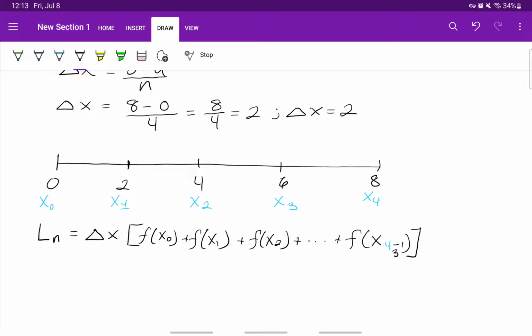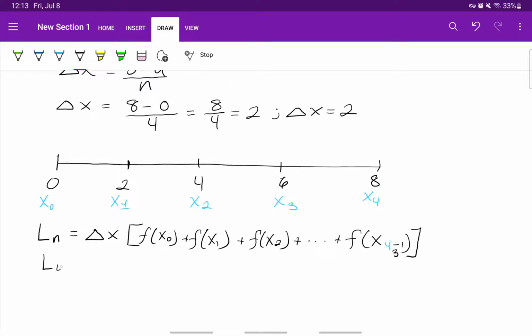And also, you're going to look at every point to the left. This is a left point, that's a left point, that's a left point, that's a left point. But this is on the right. If you look at these first two, x of 0 is on the left. These second two, x of 1 is on the left. Look at these two here, x of 2 is on the left. Look at these here, x of 3 is on the left. There's nothing else for me to look at.